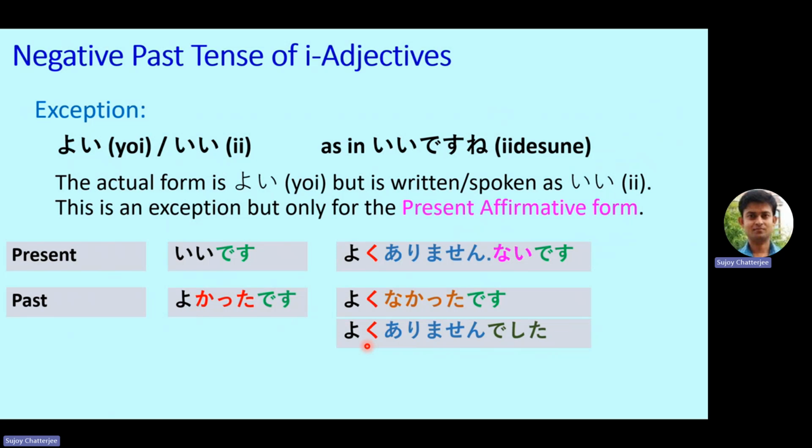So this is an important exception, and because ii desu ne is used very often in conversational Japanese, it is very important to remember the negatives and the tenses associated with this adjective.